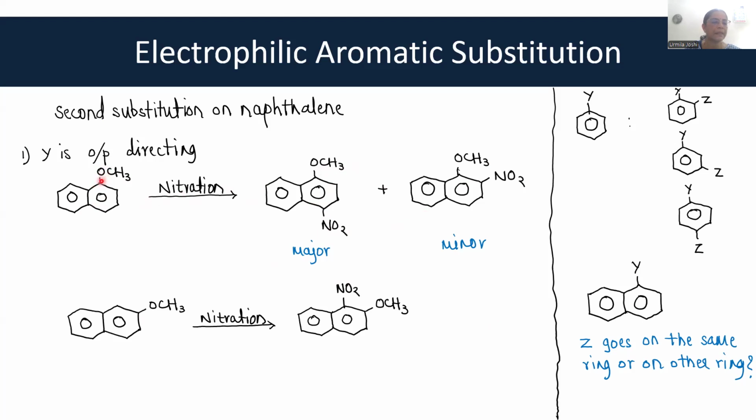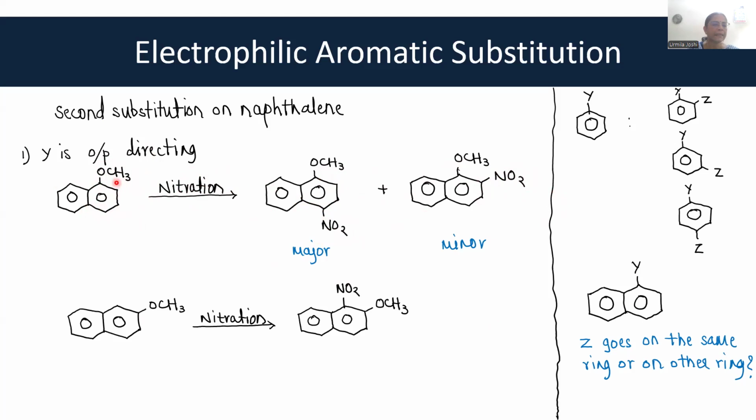So here it is, 1-methoxynaphthalene. When it undergoes nitration, two products are obtained. The 4-nitro product is the major product, with substitution occurring at the 4 position, and the 2-nitro product is a minor product where substitution occurs at the 2 position.